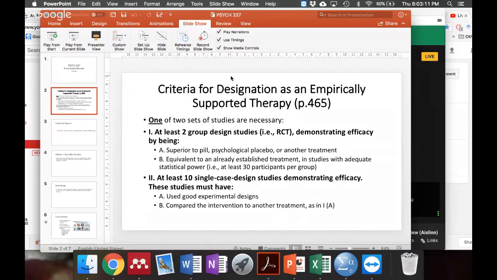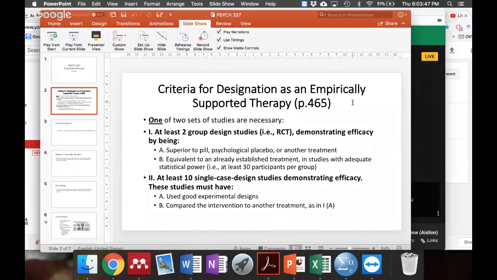So it's one or the other, not necessarily both. This is just one set of criteria that are required for your therapy to be empirically supported. It could also be the case that you have at least 10 single case design studies that demonstrate efficacy of a particular therapy. So I would suggest looking over this little table on page 465, and it'll give you some more information.